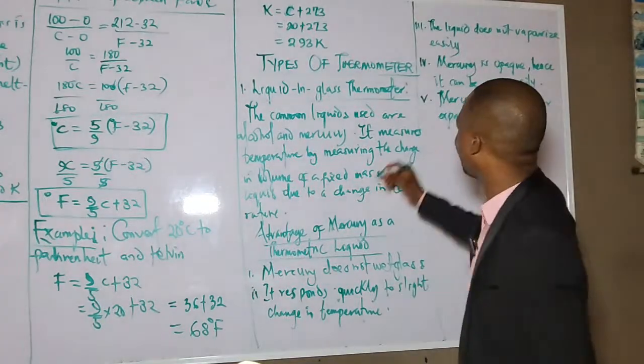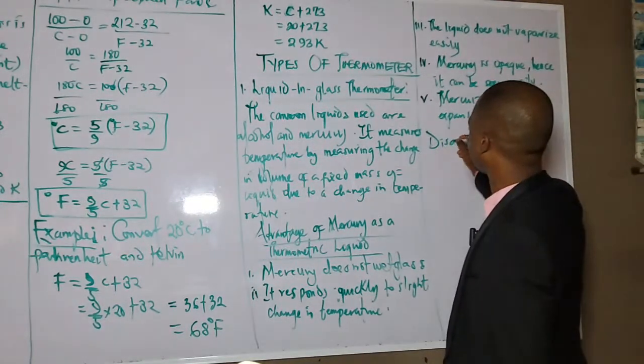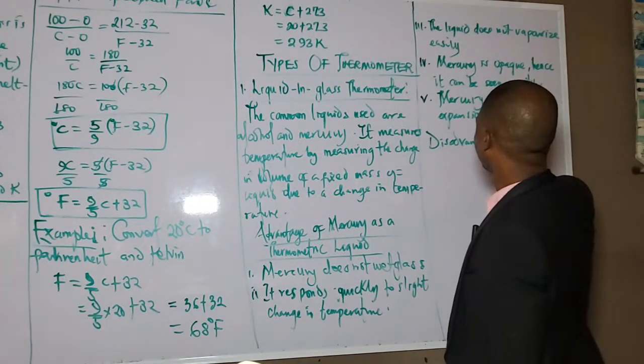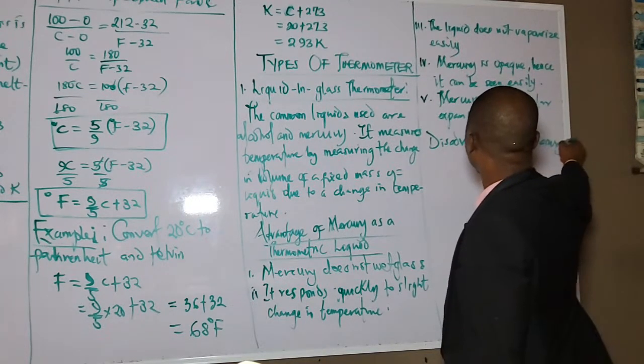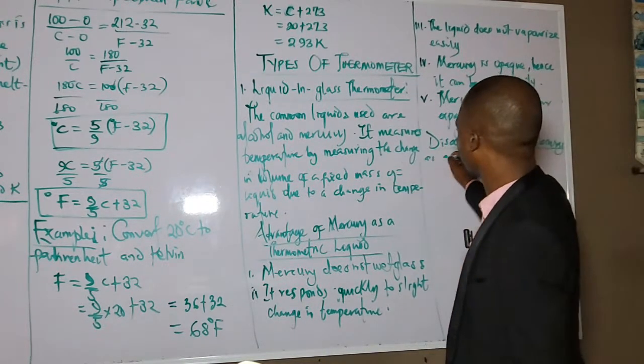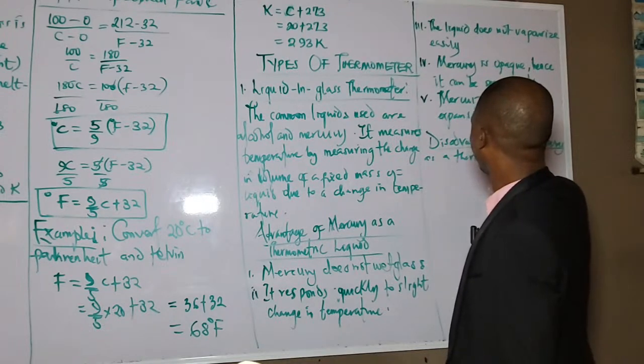Let's look at the disadvantages of mercury as a thermometric liquid.